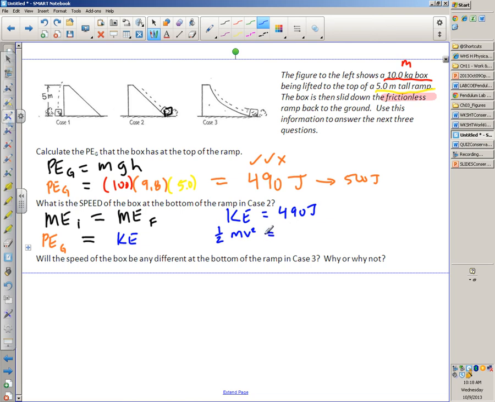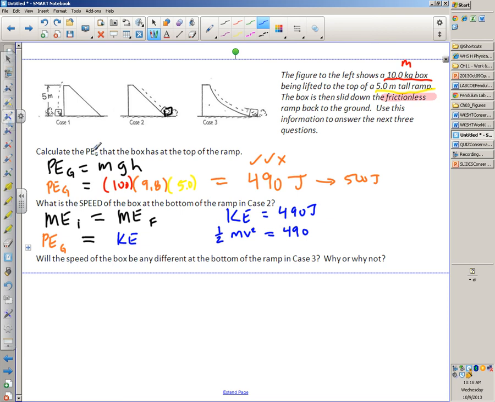But the other side of this equation is still going to be equal to what? 490. Right? So now, we want to solve for what in this formula? V, right? We want to solve for V. Do we know what M is? We know what M is, right?